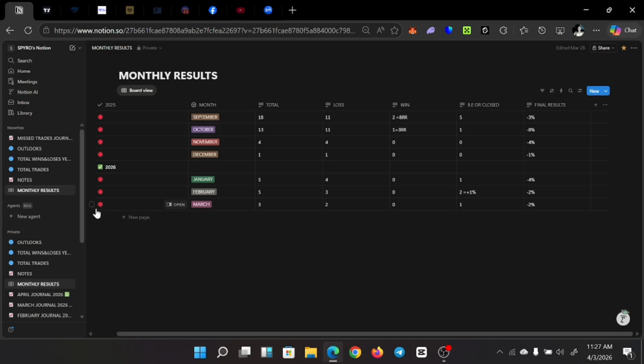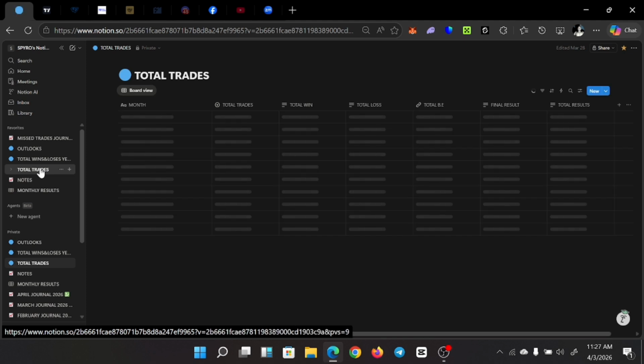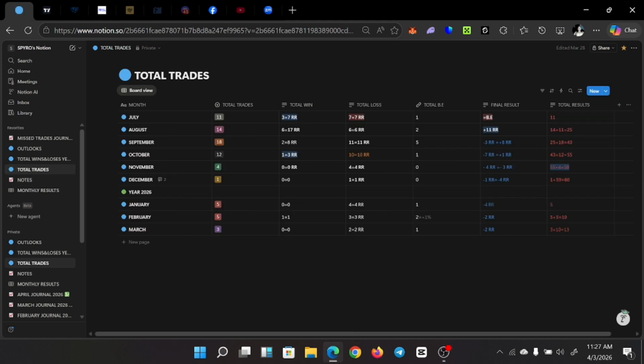So let me go to total trades, I think. Yeah. So total trades for the year 2026. If you look here, you will see the year 2026, and my total trades is 13. I have 5 trades on January, 5 trades on February, which equals 10 trades, then March 3 trades.